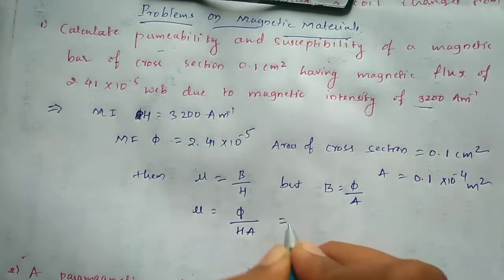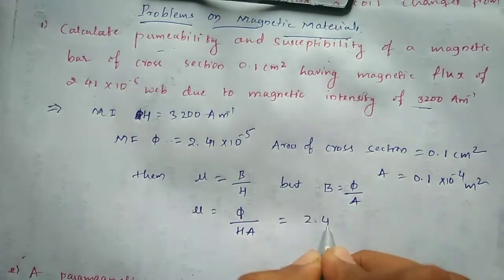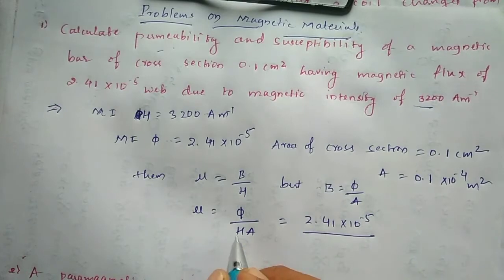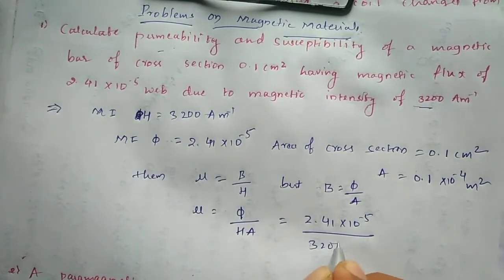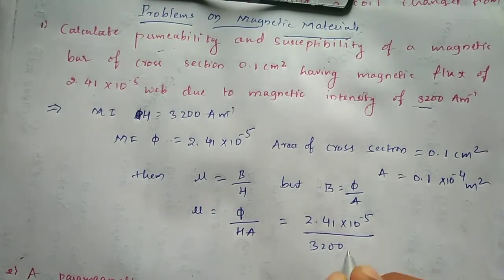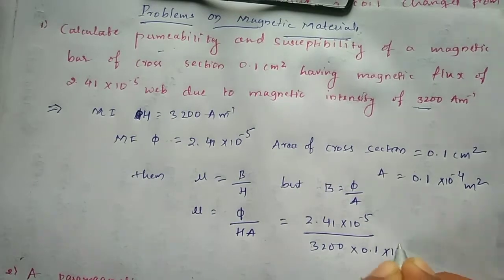Put the values: phi is 2.41 into 10 to the power minus 5, divided by H, 3200, and A, 0.1 into 10 to the power minus 4.